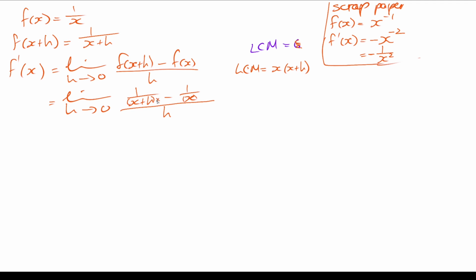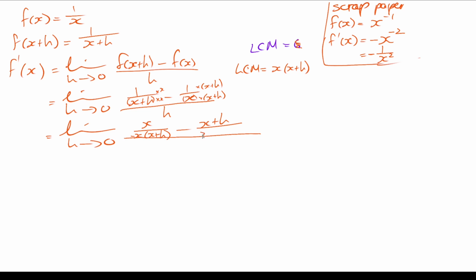So over here, we're going to times by x, and over here, we're going to times by x plus h, times by x plus h. All right, so the limit as h tends to 0 becomes x over x plus h minus x plus h over x plus h. Bam. Below the line, still h.